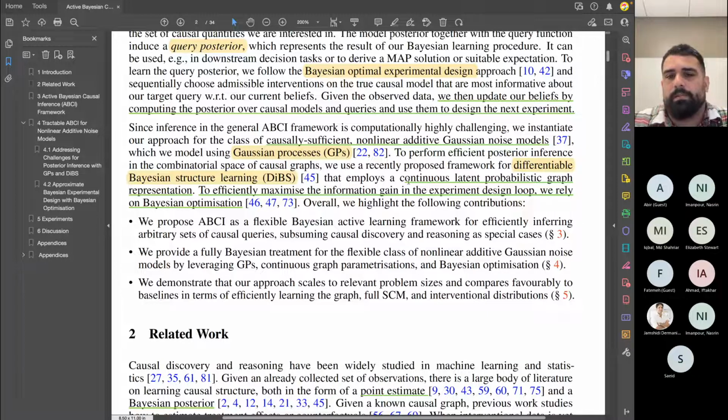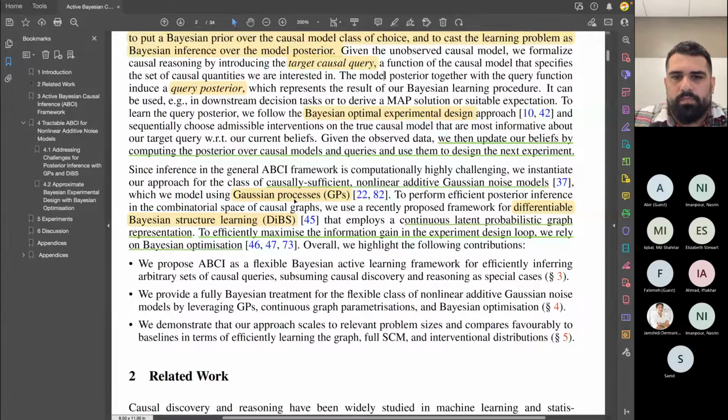This approach employs a continuous latent probabilistic graph representation. When they call their algorithm, they call it GP-DiBS-ABCI. So it is three different pieces together: Gaussian processes, DiBS, and their ABCI, which is the active learning part.